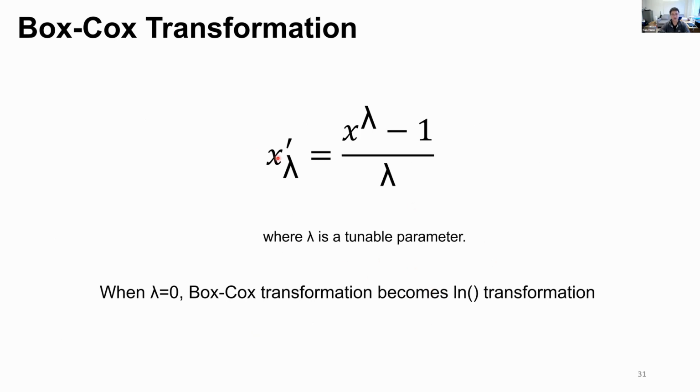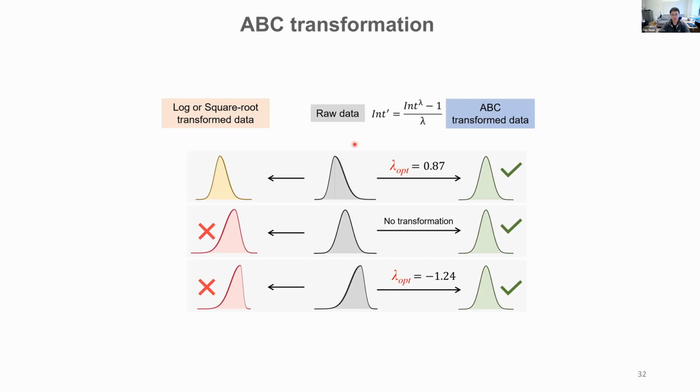By tuning lambda, you can find the optimal lambda value that converts whatever the original data distribution is to a normal distribution. Because different features have different data distribution types, we changed the Box-Cox transformation to an adaptive Box-Cox transformation, or ABC transformation for short. In this case, we can always find the best lambda value to turn the data into normal.